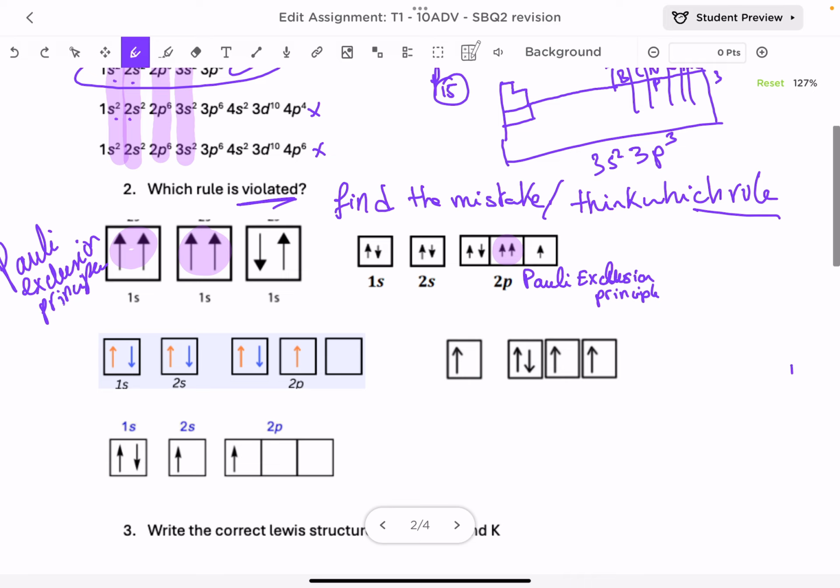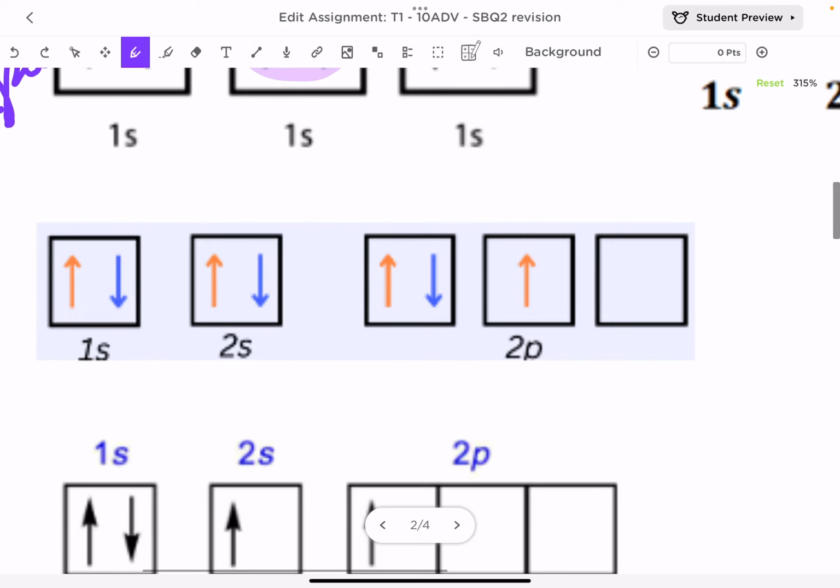Moving on. Here's another diagram. You look at the mistake in the diagram. So I'm checking Aufbau, 1s, 2s, 2p. The order is correct. 1s is full, 2s is full, 2p. Let's see. They left this empty, and this orbital has a double electron.